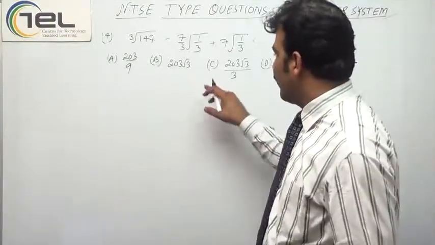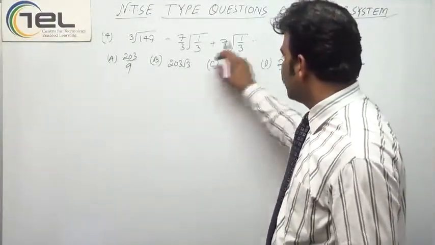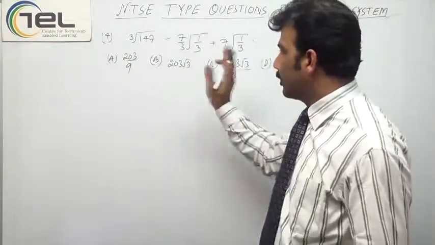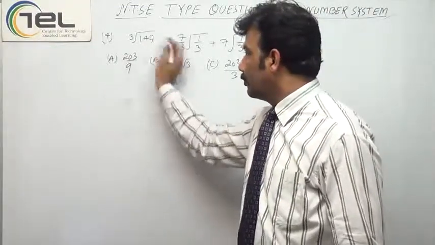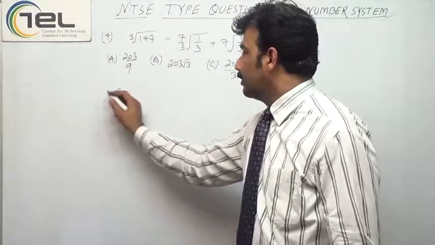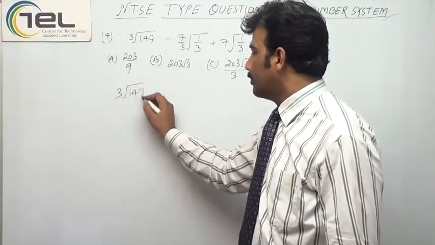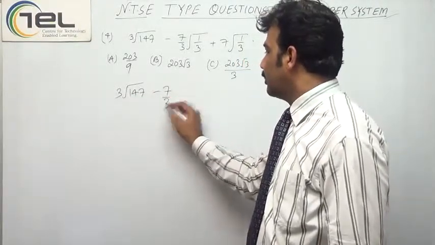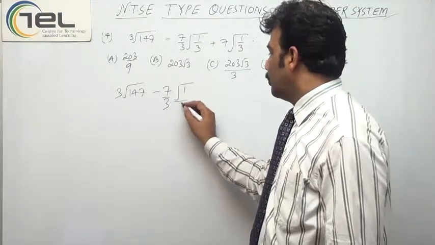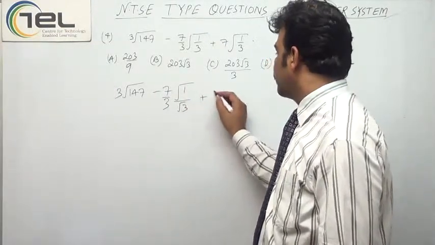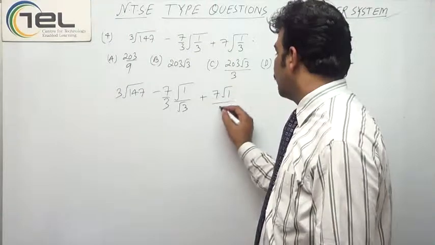Now we have what we have every time: either we have root 3 or we don't have root 3. So we just take it like this: 3 root 147 minus 7 upon 3 root 1 upon root 3 plus 7 root 1 upon root 3.